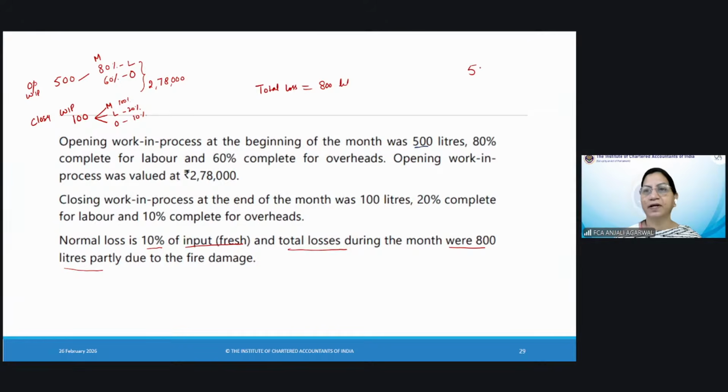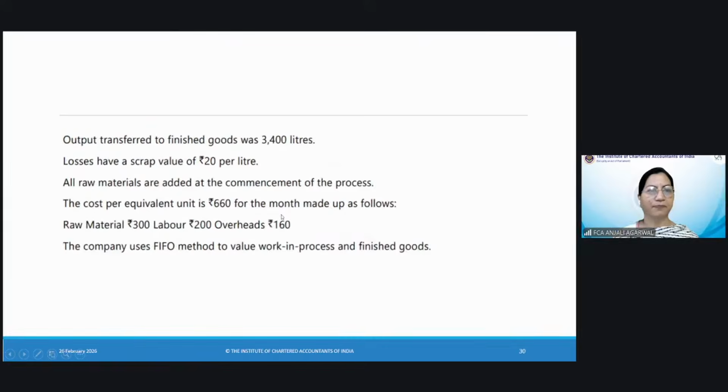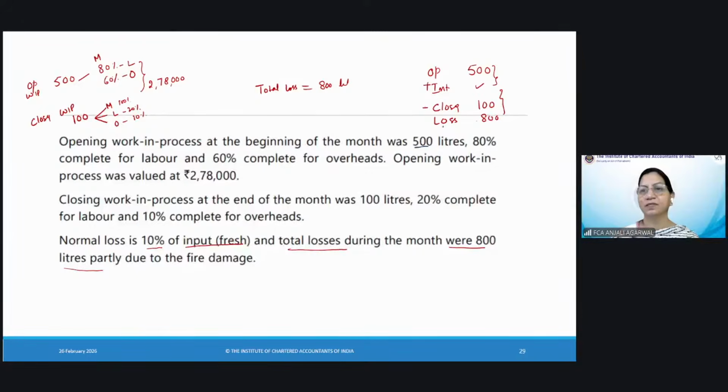So you had 500 opening plus introduced something minus closing 100, and there is a loss of 800. So input is 500 plus something, output is closing WIP 100 and loss 800. So we need to know how much is transferred to the next process. So output transferred to the next process was 3,400 liters. Now things become easy. 3,400 liters transferred to the next process.